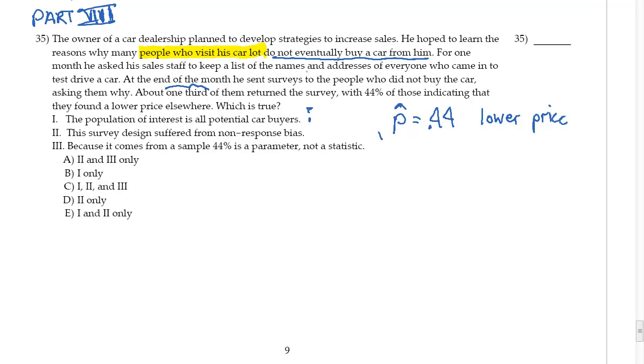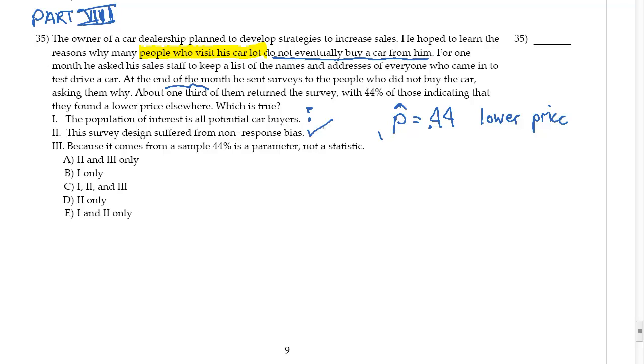For 1 month he asked the sales staff to keep a list. At the end of the month he sent surveys to people who did not buy the car, asked them why. About 1/3 of them returned the survey. Yeah, so this is voluntary response. So certainly the survey design suffered from a non-response bias.